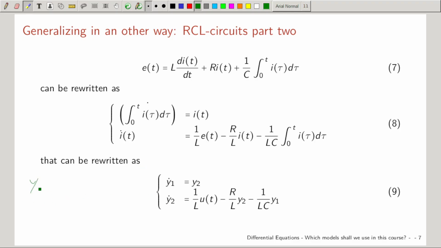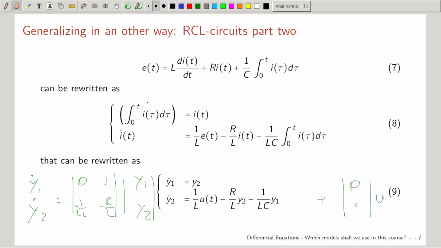We have y1 dot equal to 0, 1 times y1, y2. y2 dot is equal to minus 1 over LC, minus R over L, plus 0, 1 over L times U. Together, you see how I transform the equations from a line to a matrix?